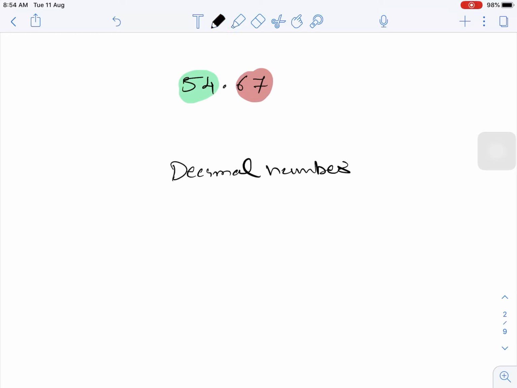The one which is to the left of decimal is known as whole part, and the one which is to the right of decimal is known as decimal part.